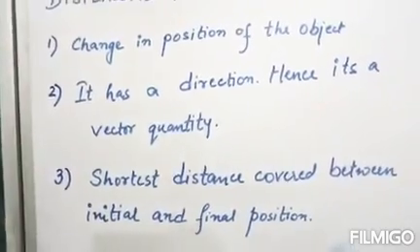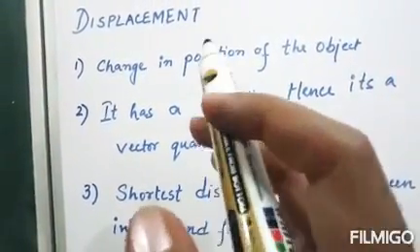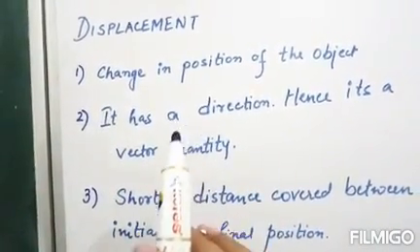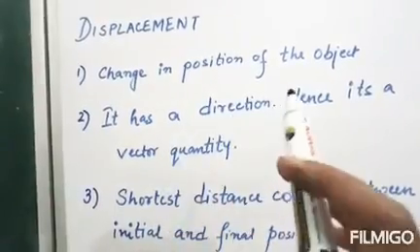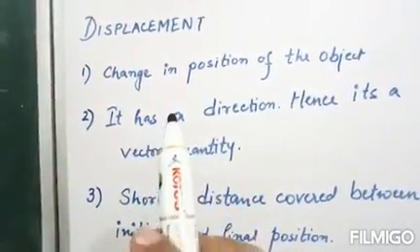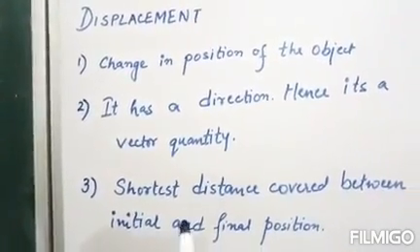So this is the basic difference between distance and displacement: in distance we do not require to check which particular direction it is going in, but in displacement it is always necessary to specify the direction.